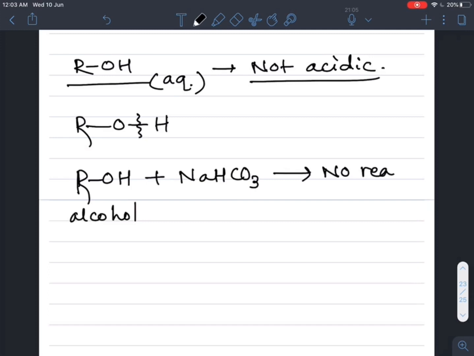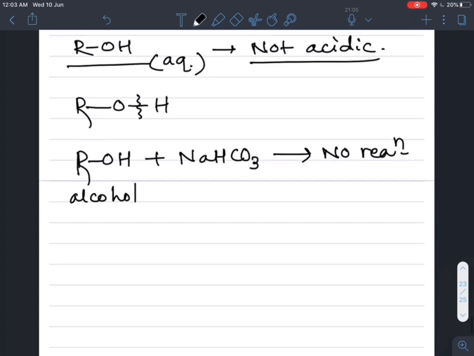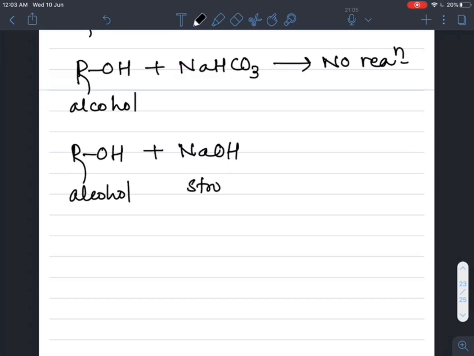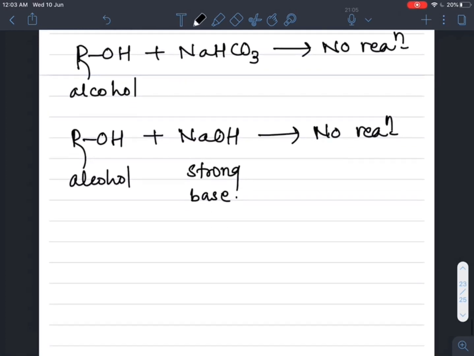But again, when the alcohol is treated with a strong base like sodium hydroxide, again the alcohol is not acidic, and that's why it does not react with the strong base either, and no reaction takes place. So this is about alcohols and phenols.